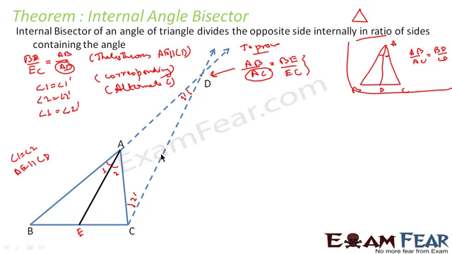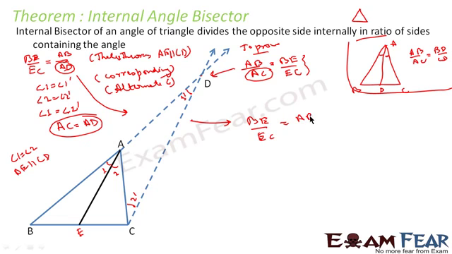If angle 1 dash is equal to angle 2 dash, then ACD is an isosceles triangle. So we can say that AC is equal to AD. If AC is equal to AD, instead of AD I can write AC here. So this equation becomes BE by EC equals AB by, instead of AD I'll write AC. And that is what I wanted to prove.